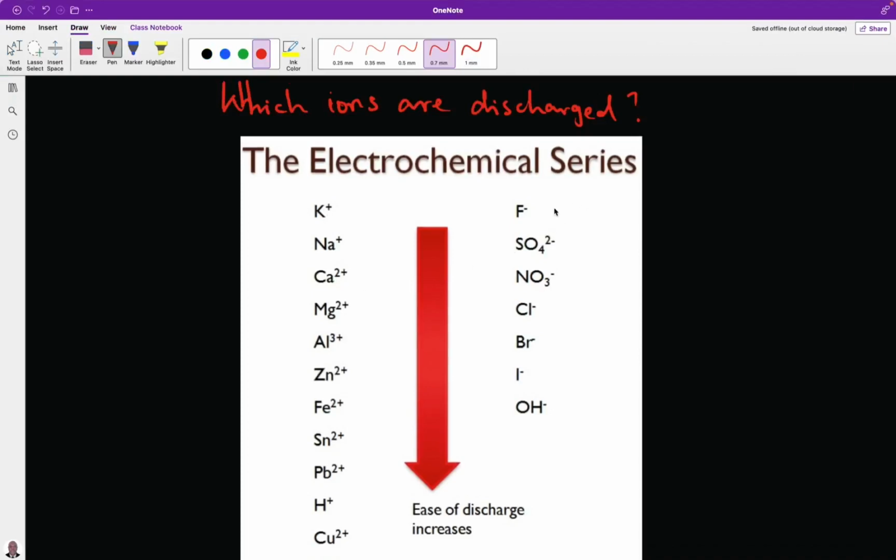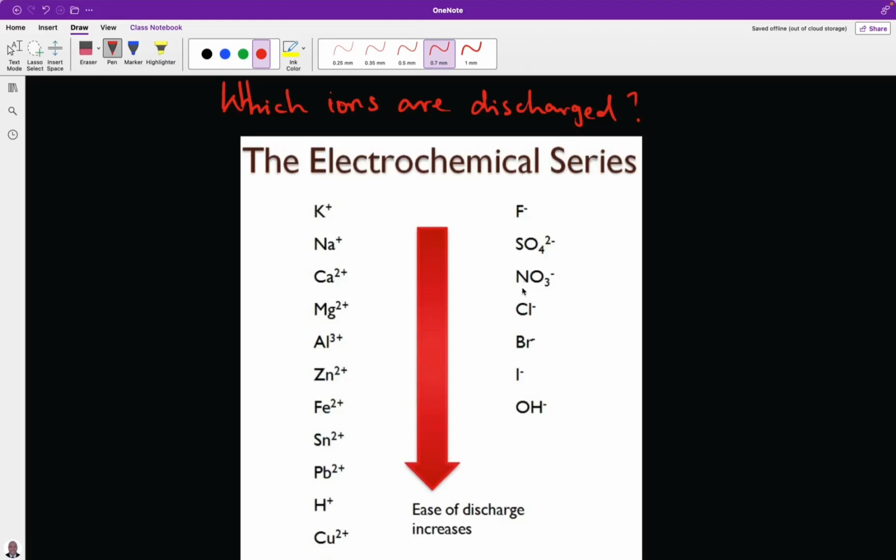The same thing with the anions. As you go down, fluorine is the most electronegative, having a high affinity for electrons.